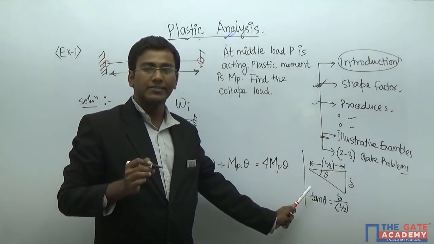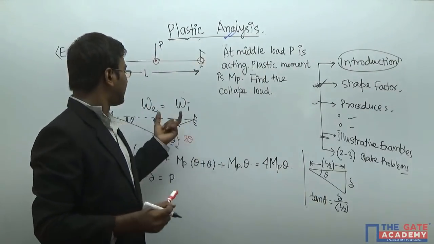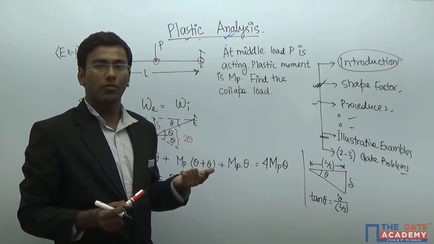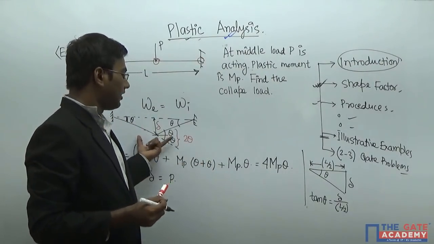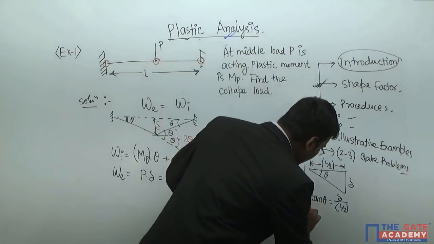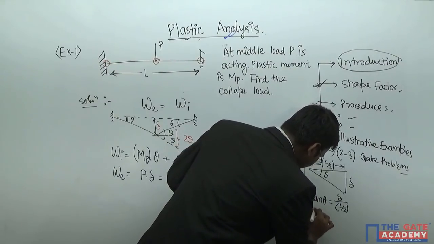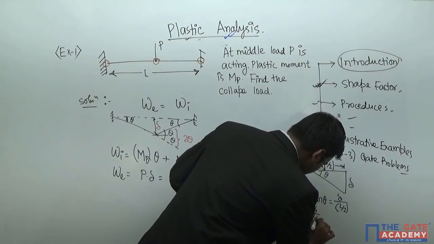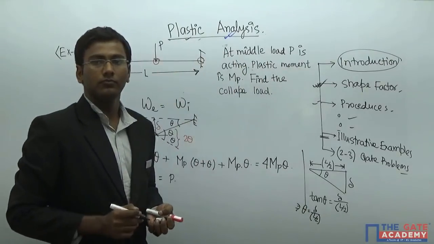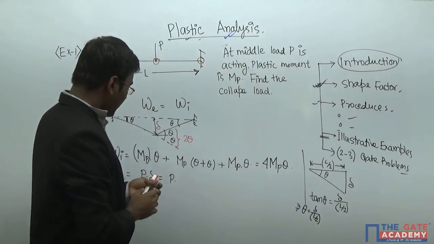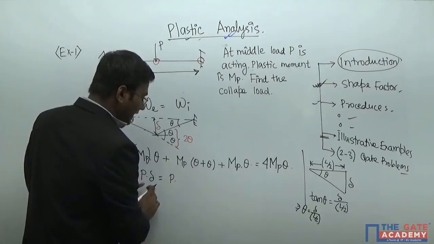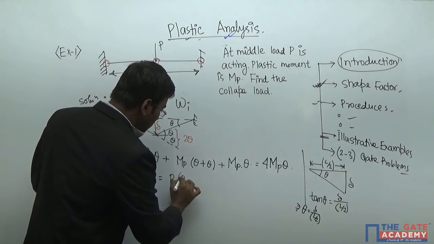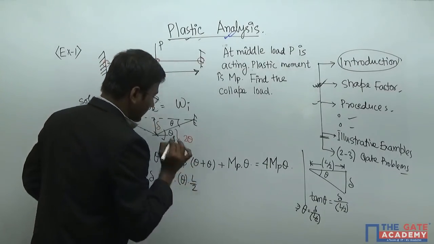Now theta is very small in real life problems. Theta is a very small angle. So we can write theta equal to delta by L by 2. Hence, we can also write delta equal to theta into L by 2.